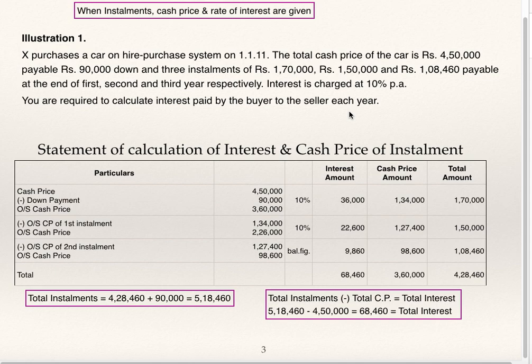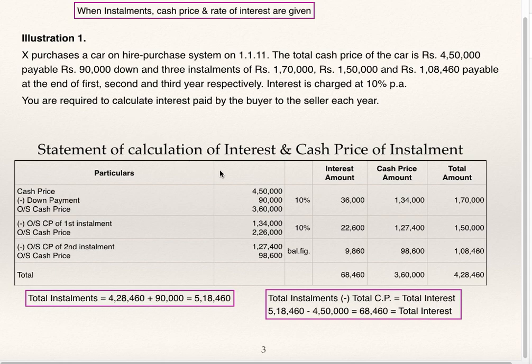Interest is always to be calculated on outstanding cash price. Cash price is 4,50,000. From that 90,000 he is supposed to make down payment at the time of taking possession. So 4,50,000 minus 90,000 will be outstanding cash price. On that first installment's interest is to be calculated.